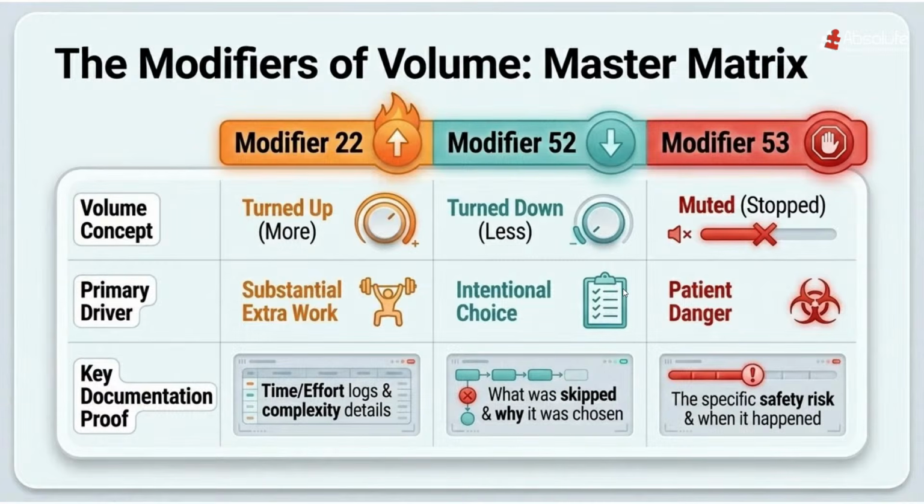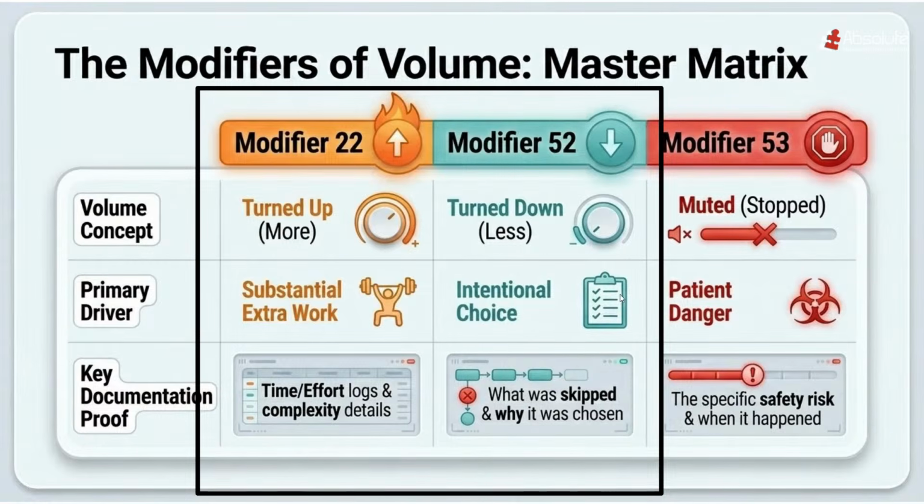All right. Remember, you can't stop what never started. So if it didn't start, no modifiers at all. And I just want to remind you that modifiers 22 and 52 are the opposite of one another.